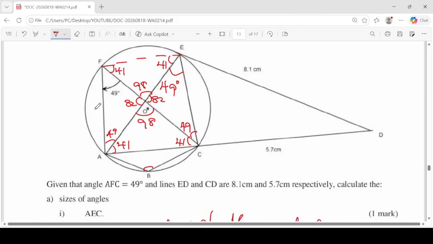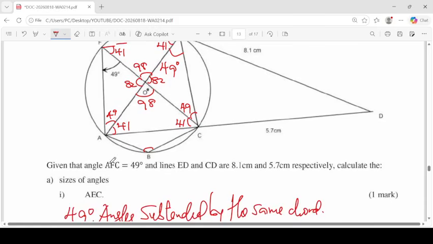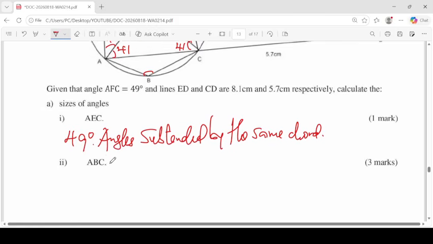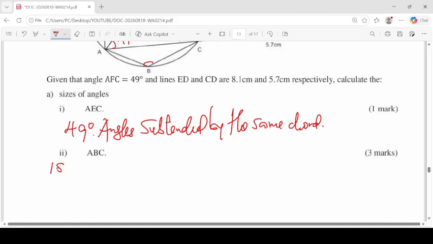Now, when we look at this ABCE, let's look at ABCE. ABCE is a complete cyclic quadrilateral. So if ABCE is a cyclic quadrilateral, then this angle should be such that opposite angles of a cyclic quadrilateral add up to 180 degrees. So this angle will be given by 180 minus 49. When you take 180 minus 49, this is 131 degrees.